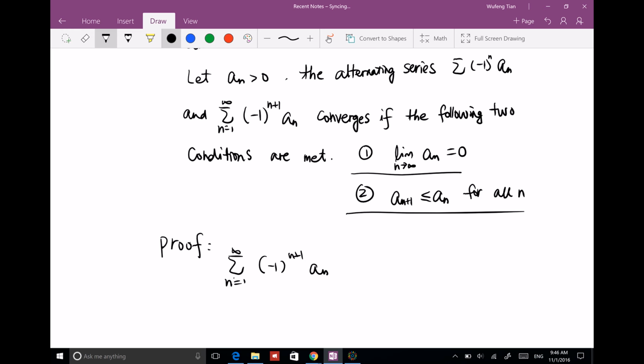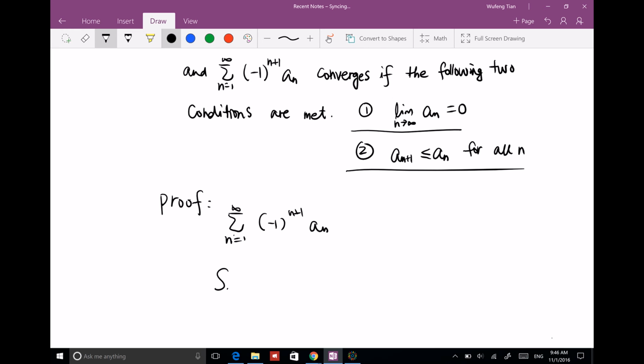So this one gives us S_2n equals a1 minus a2 plus a3, if you have that, right? S means summation, the first 2n terms. a1 minus a2 plus a3 minus a4 plus a5 minus a6.